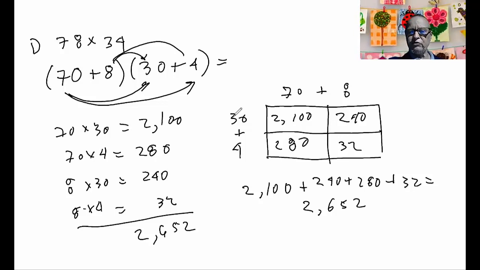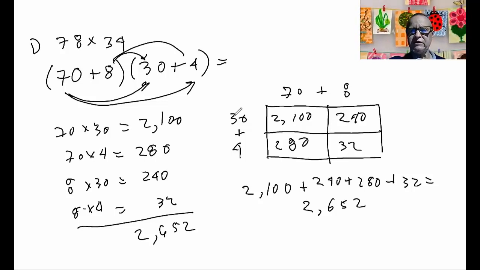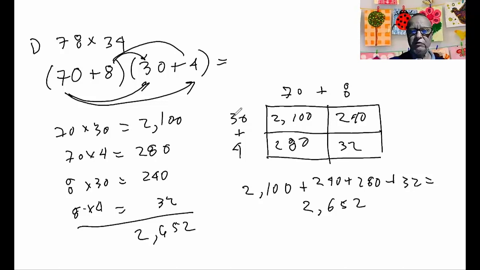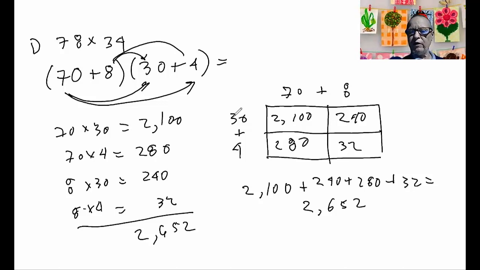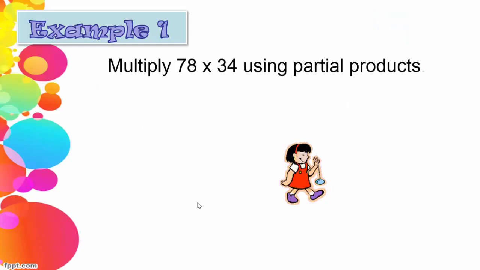Both of them use the technique of partial products. One of them is similar to our distributive law or multiplication by FOIL, and the other one is this little box technique. Reviewing what we did on the whiteboard, we have 70 plus 8 multiplied by 30 plus 4.